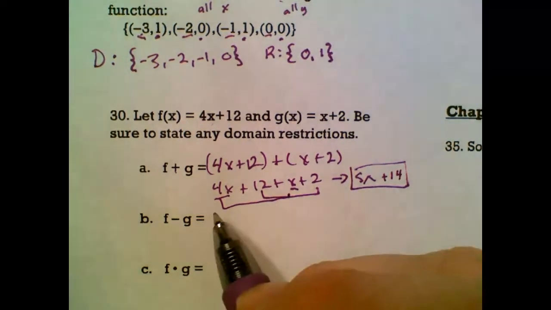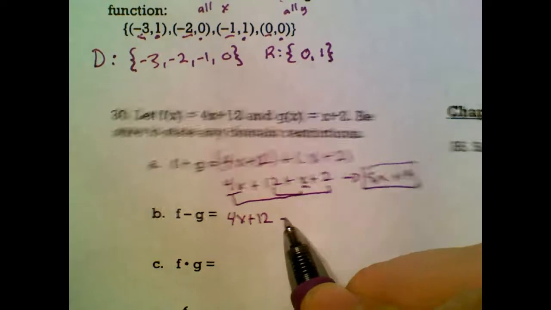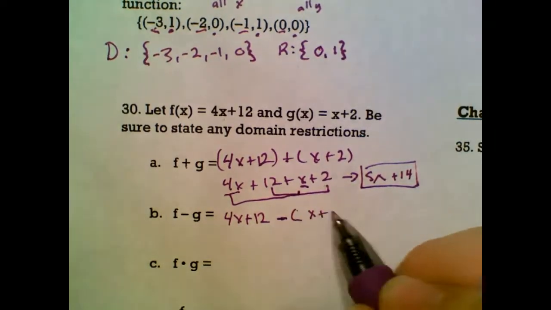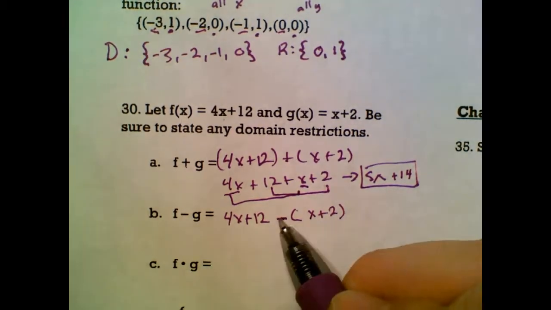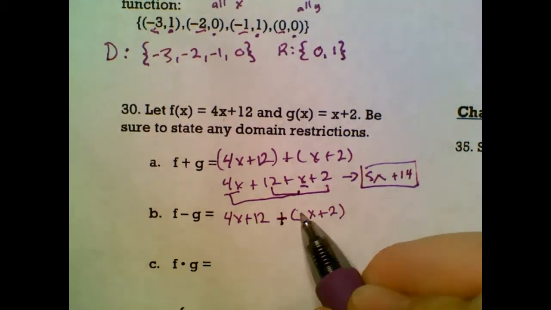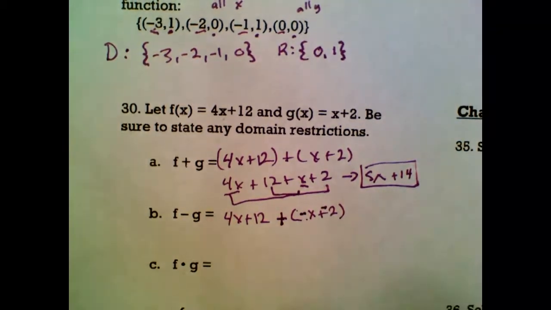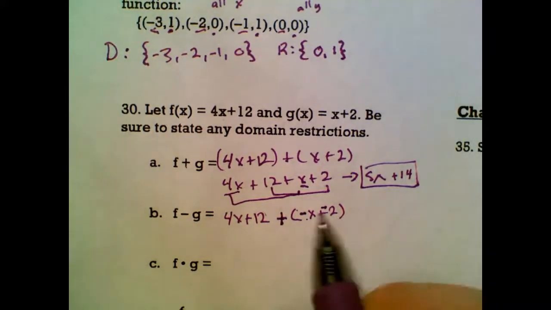Move on to f minus g. So we've got f of x, which is 4x plus 12, minus, we've got to put this in parentheses, g, which is x plus 2. Now remember, I hate subtracting a whole parentheses, so what I do is I change the minus to a plus, and then change this to the opposite, which is a negative, and this to the opposite, which should be a negative. Okay? You don't change the first one, just the second set of parentheses.